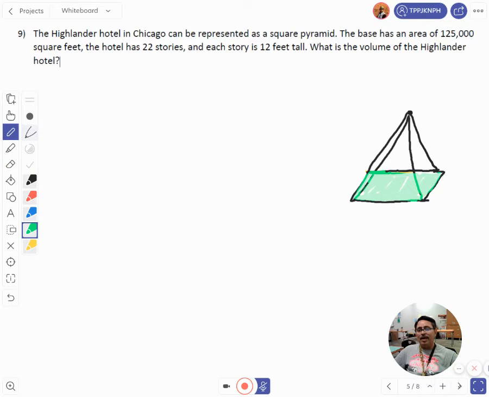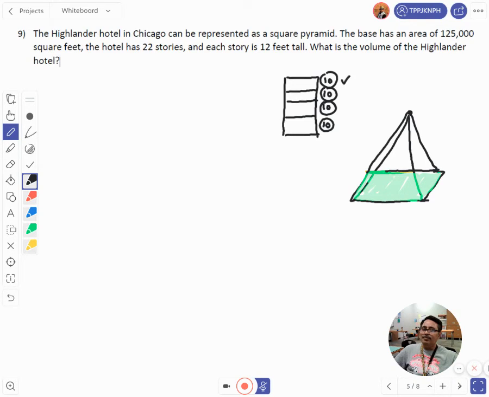Here, a simple calculation: suppose there is a multi-storied building, let's say there are 1, 2, 3, 4 floors. If each floor is 10 feet tall, what is the total height of the building?